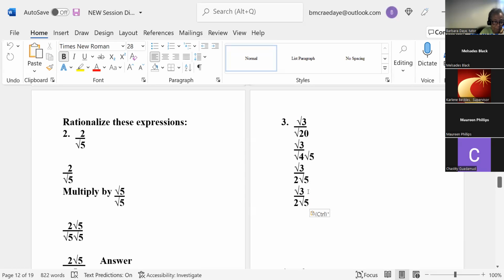So this becomes square root of 5 multiplied in the numerator and square root of 5 in the denominator. All right. Let's just put our underline here.